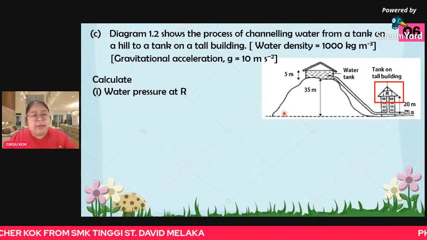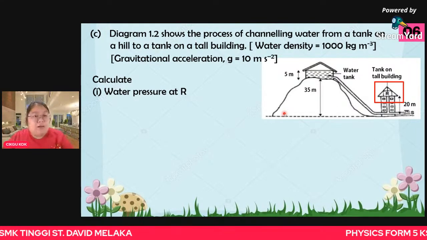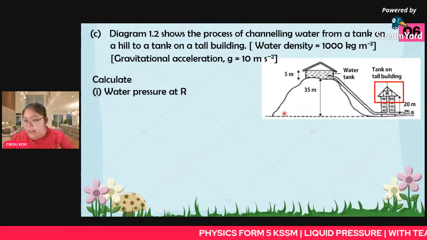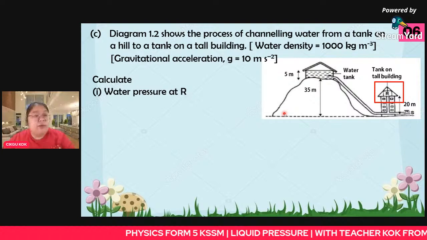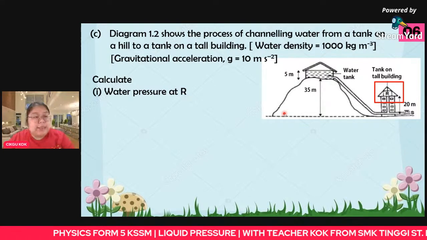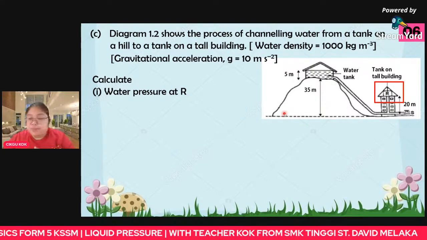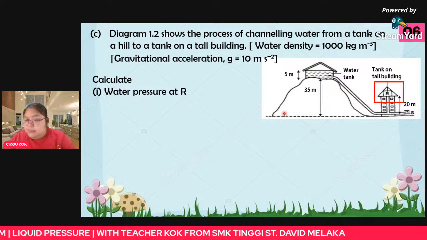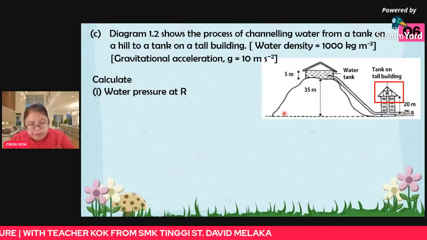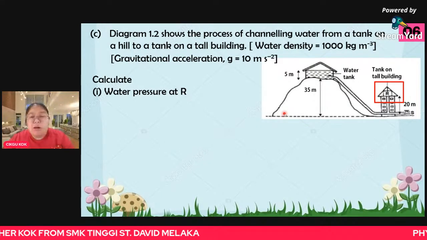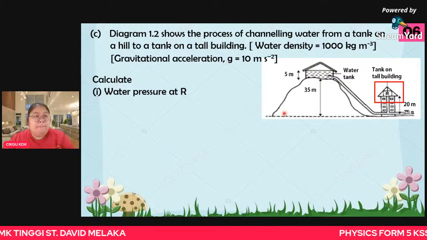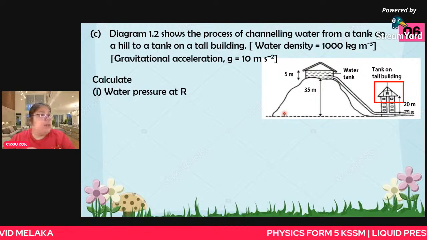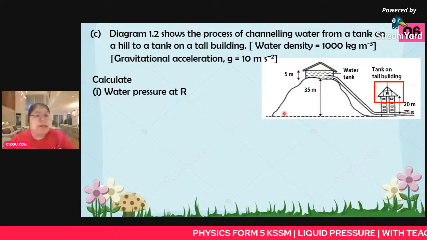How to get the water pressure at R? We give the chance for the students to answer this question. C1: what is the pressure at R? Any student can try.